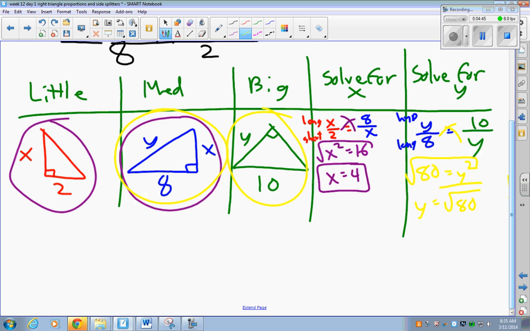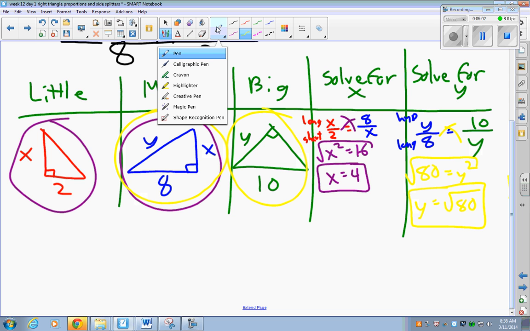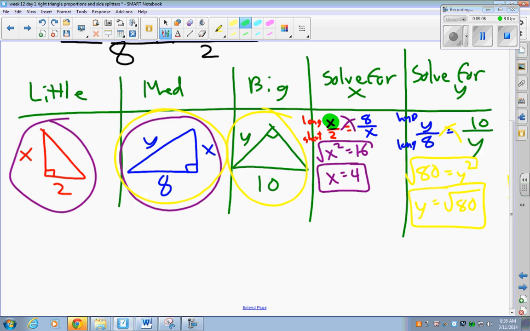But for right now, I'll just say that's good enough. Okay? Because it doesn't go in perfectly, so let's just call it the square root of 80. Okay. So one on top, one on bottom. And I'll highlight one more time just so you can see it because that's going to help us on the next page. One top, one bottom for the pairing.